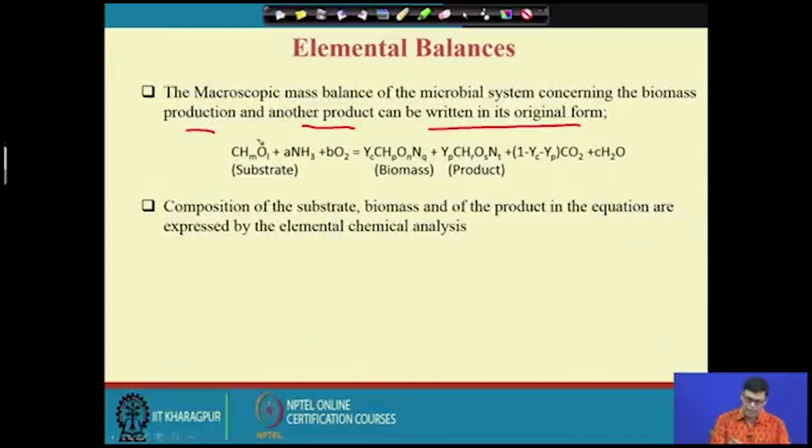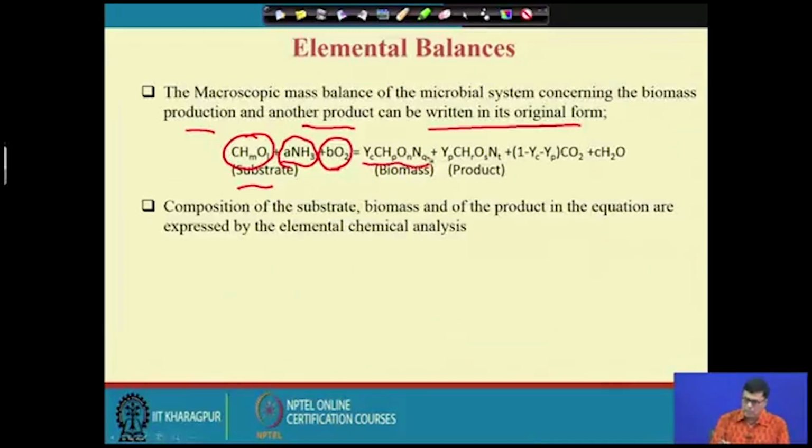So, how can we write this equation? This is the empirical formula of the substrate, CHmOl. When you talk about biomass, we require some kind of nitrogen source, usually in the form of ammonia, so we can consider a mole of ammonia required. If it is an aerobic system, we require molecular oxygen, so we can write b O2. In return we get products like biomass.